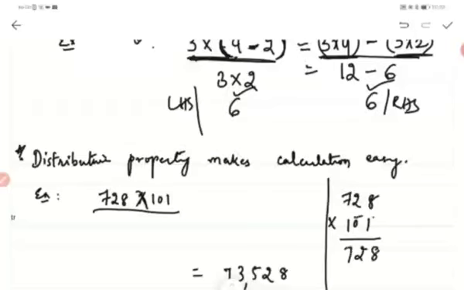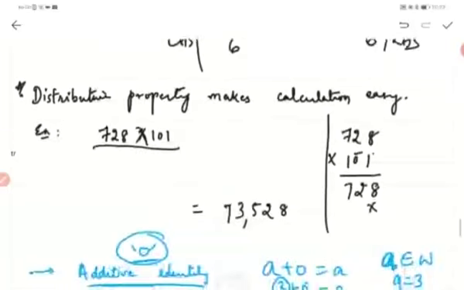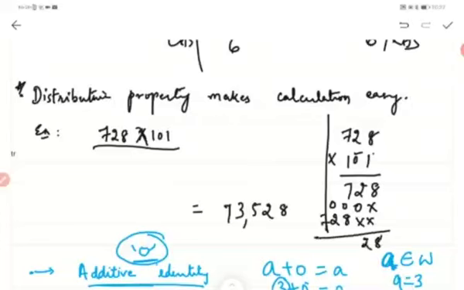Now multiply with 0, so this will be 0 0 0. Now again I multiply with 1, so this will be 728. Now I add the numbers and we got 73528. This is normally how you go, right?